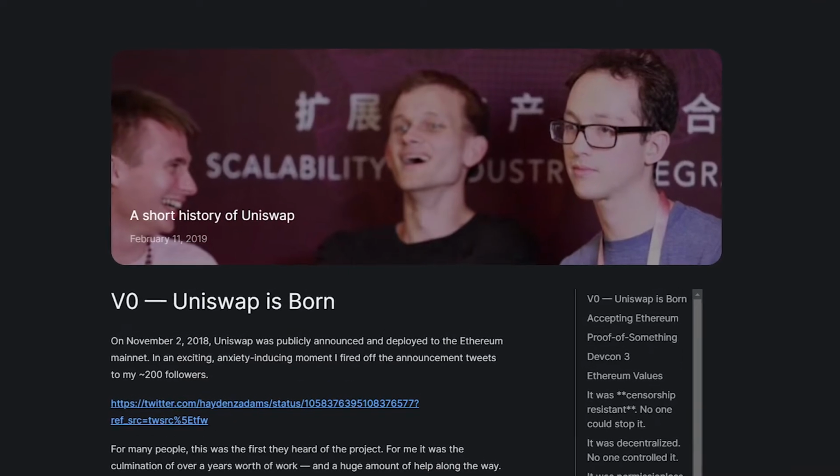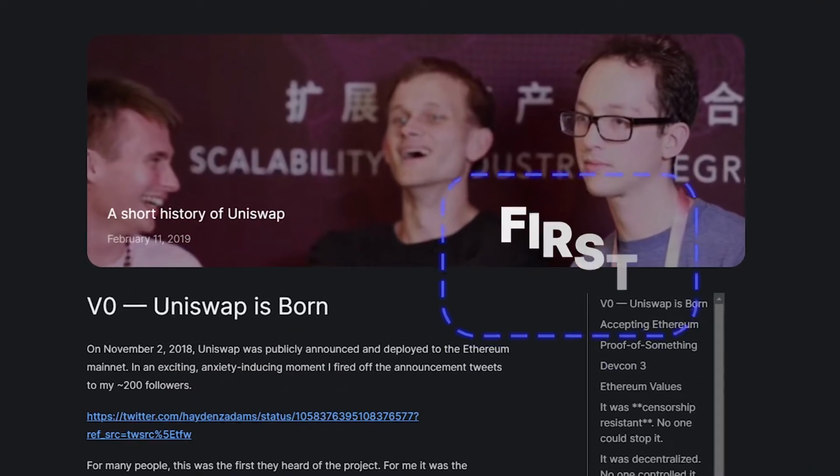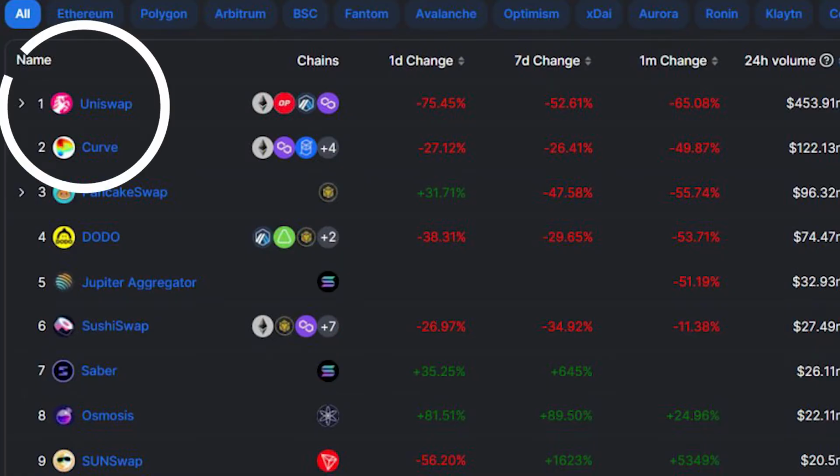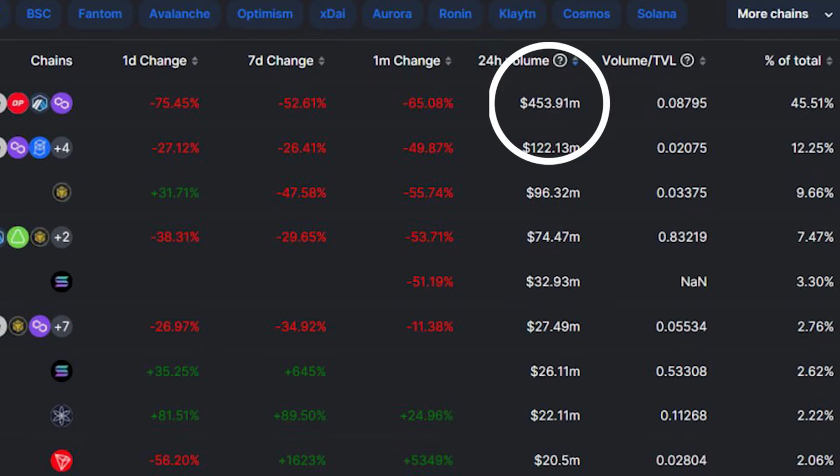So let's talk about why Uniswap is promising. There are three primary reasons. First, Uniswap was one of the first DeFi protocols that revolutionized the market, so they have a first mover advantage. Secondly, it is the biggest decentralized exchange, thus resulting in higher trading volume and capturing higher fees, which get distributed to its liquidity providers.